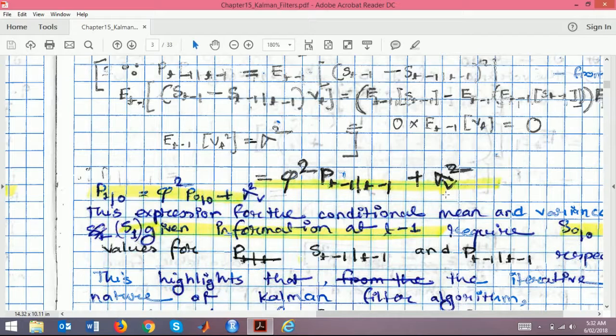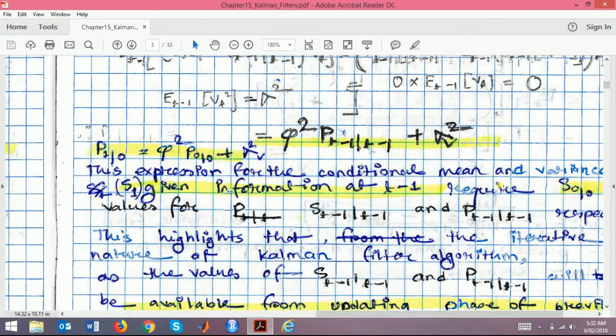Then the variance is P1|0, which gives you phi squared P0|0 plus sigma squared v.